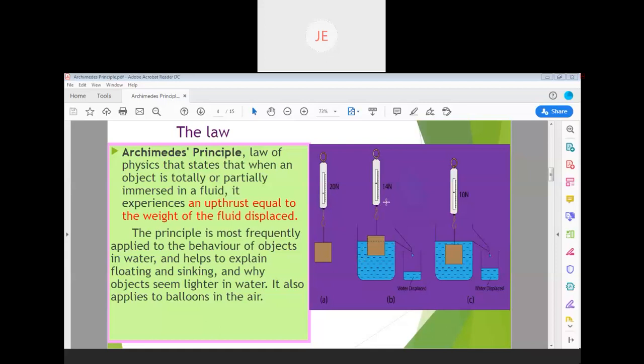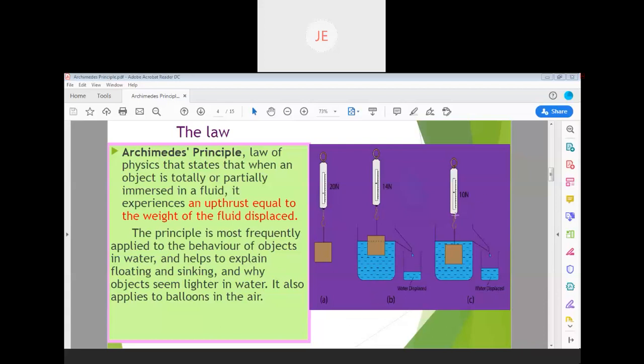And there is water displaced. If you measure the weight of this water, it is equivalent to 6 Newton. 14 plus 6, total 20 Newton. And this 6 Newton force, we call it upthrust force, or force of buoyancy.